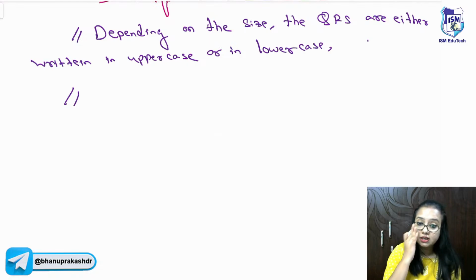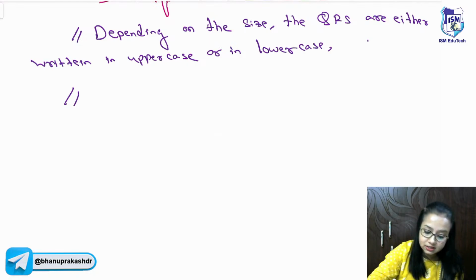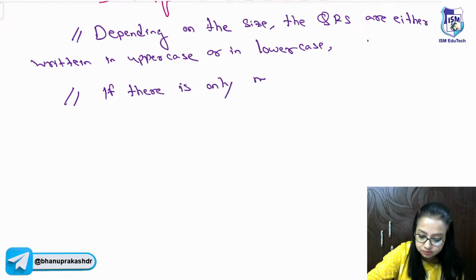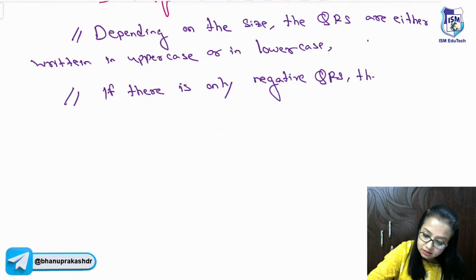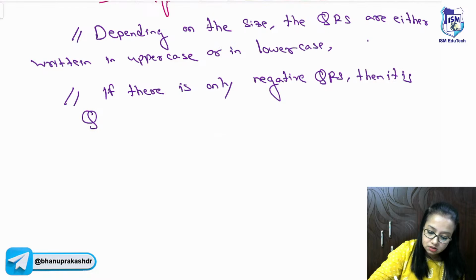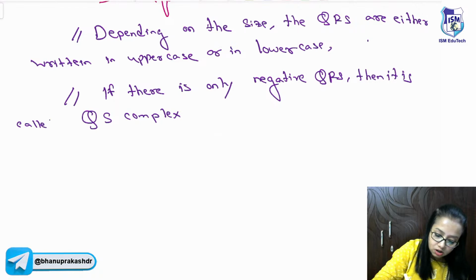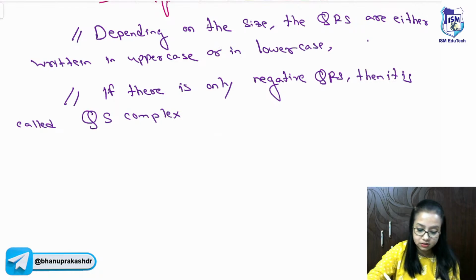If there is only a negative deflection, then it is called a QS complex.